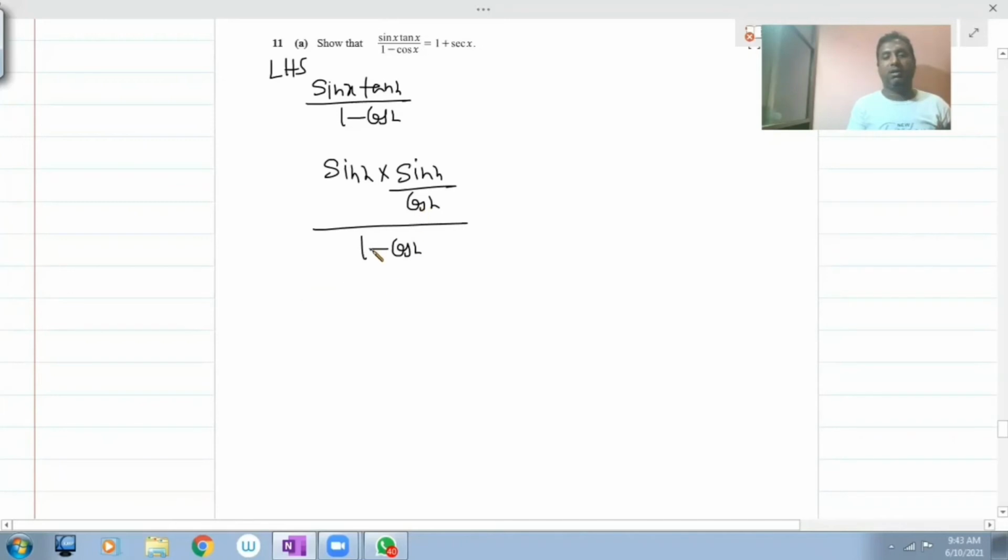Now let us multiply both sides by cos x. This one by cos x, this one also by cos x. So it is becoming sin squared x, 1 minus cos x, then cos x.